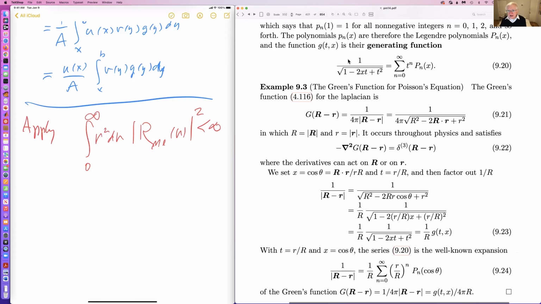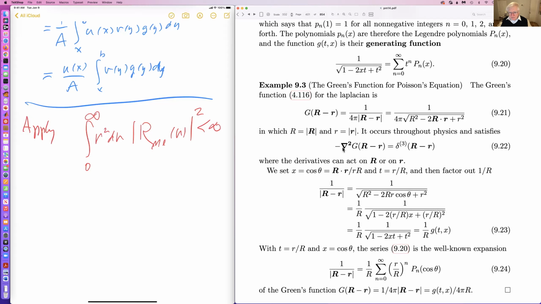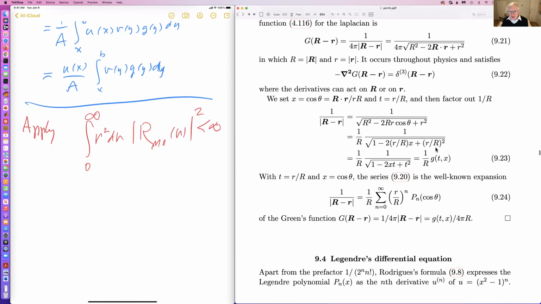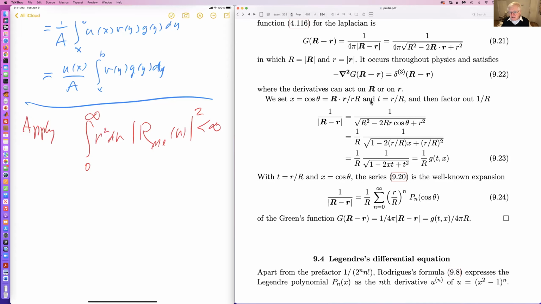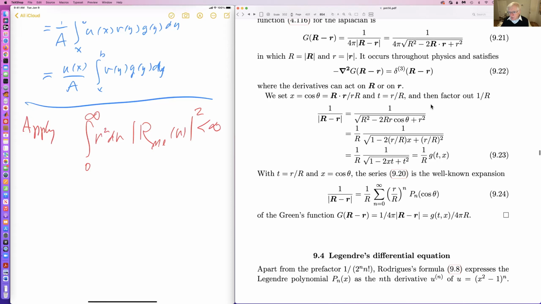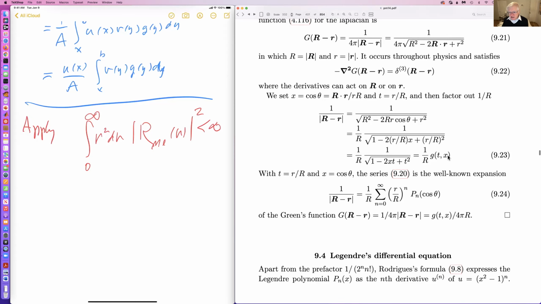And this particular expression occurs in the Green's function, the Coulomb-Green's function, 1 over |R minus r|. And it satisfies minus Laplacian on g is the delta function. If we set x equal to cosine theta, which is the dot product of the r's divided by their lengths, and t equal to r over R, and factor out a 1 over R, we can write this as 1 over big R times g of t and x.